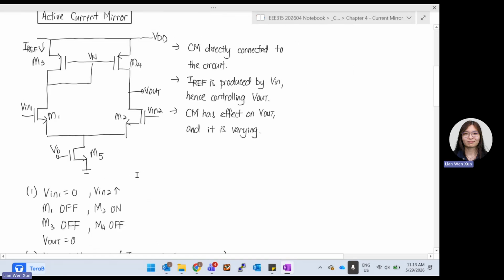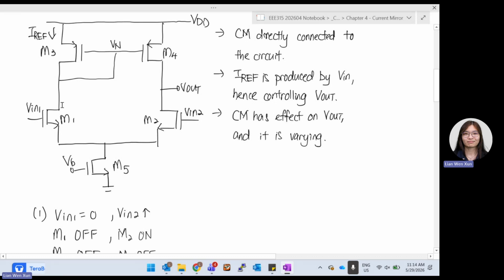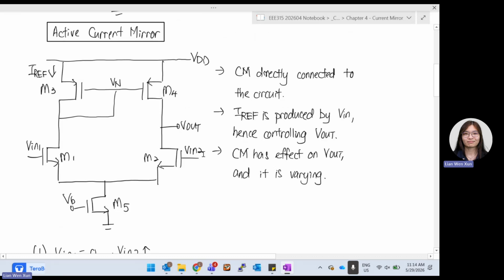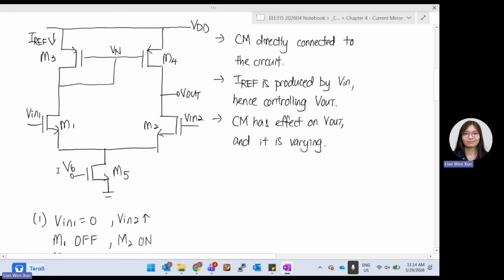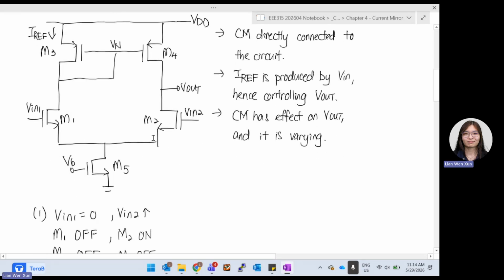When V in 1 is equal to 0, and V in 2 is increasing. So this is 0, this is increasing. What will happen? When V in 1 is 0, M1 will turn off because the gate is too low. But M2, there's something there, so M2 will turn on.